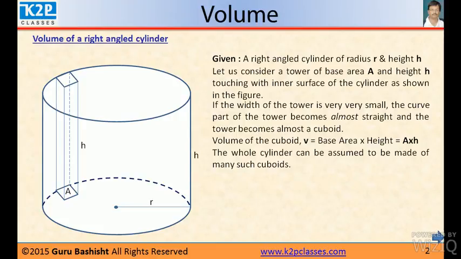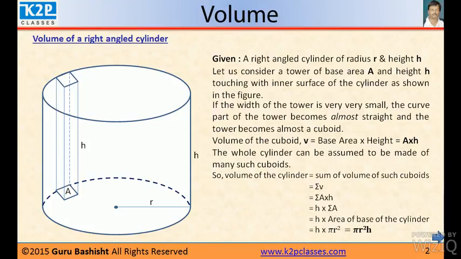So if you add the volume of all the cuboids, it should give the volume of the cylinder. So volume of the cylinder equal to sum of volume of such cuboid. It is sigma V. V can be written as A into H.